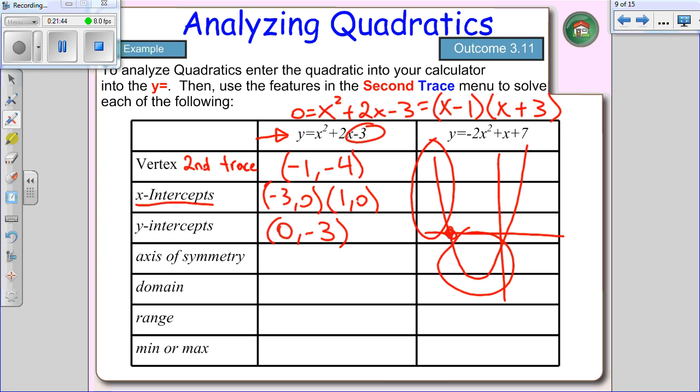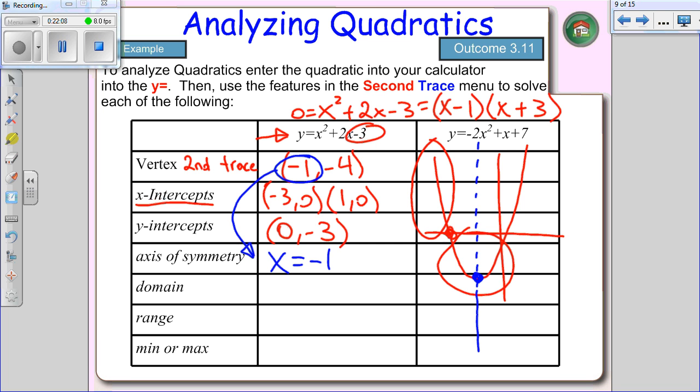Remember, it shares a point with the vertex. Whatever your x value is from your vertex, that's your axis of symmetry. X equals -1. That's your axis of symmetry.